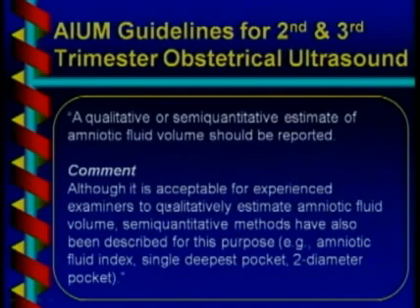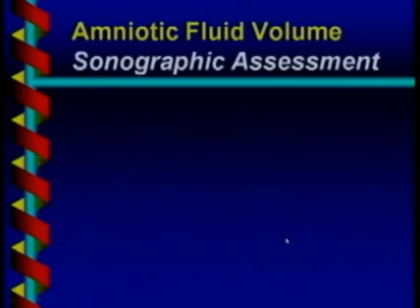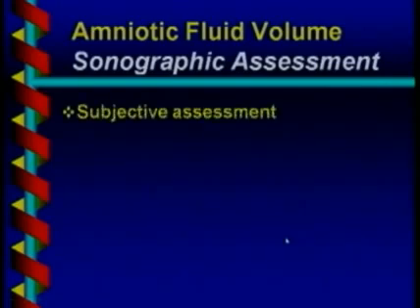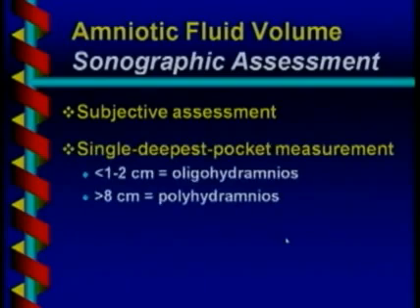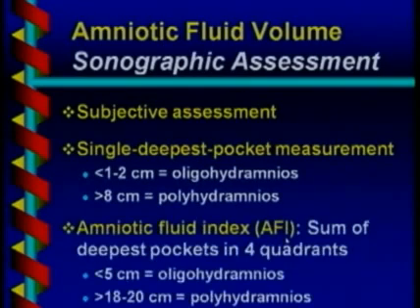They're saying that it's acceptable to use either a qualitative estimate or semi-quantitative estimates, such as the amniotic fluid index, single deepest pocket, or 2-diameter pocket. These are semi-quantitative. The only real quantitative method would be the dye dilution method I mentioned earlier, which is not done on any regular basis in ultrasound.